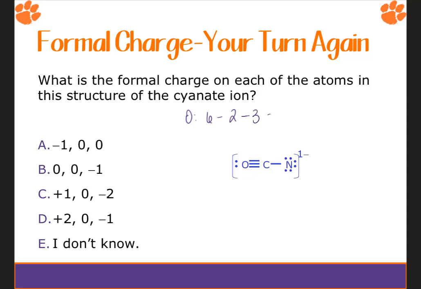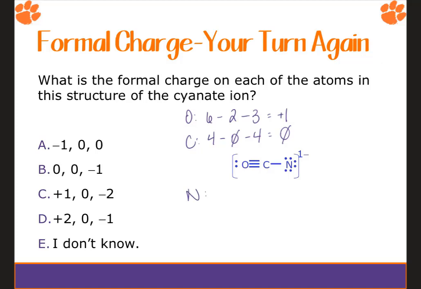So 6 minus 2 minus 3 gives us a +1 charge on the oxygen, +1 formal charge. For carbon, again, 4 valence electrons. We have no lone pairs, but we have 4 bonds still. So carbon continues to have a neutral or a 0 formal charge.